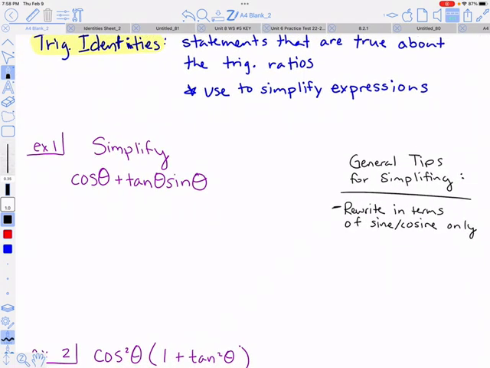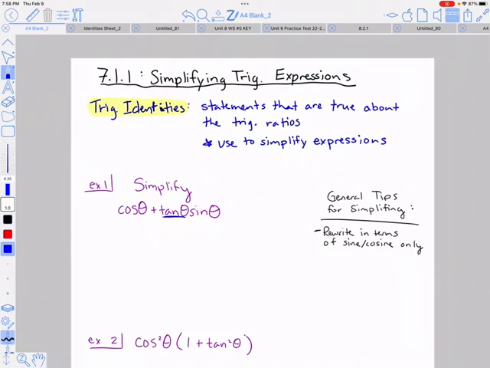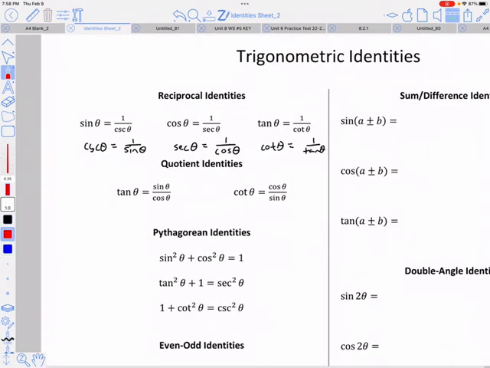So that's usually a helpful tip: if you've got anything in there that's not a sine or a cosine, find an identity that you can use to switch it into a sine and a cosine. What I'm talking about here is in this one we have a tangent. You aren't going to know where you're going with this, but look on your identity sheet and find an identity that relates tangent to either sine or cosine or both.